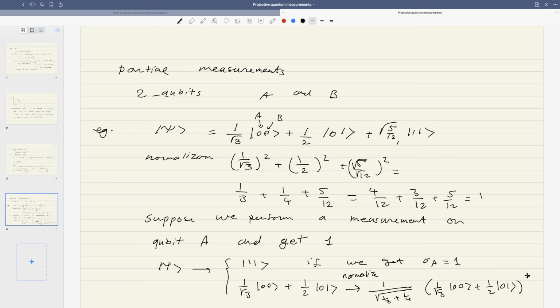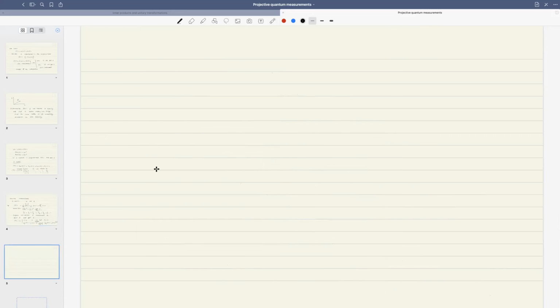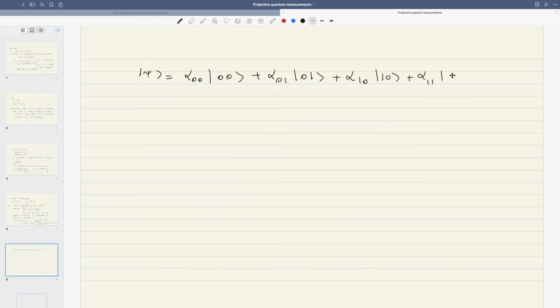So that's for sigma A equals 0 as a result of the measurement. So in general, let's say I have psi is equal to alpha 0,0 |0,0> plus alpha 0,1 |0,1> plus alpha 1,0 |1,0> plus alpha 1,1 |1,1>.